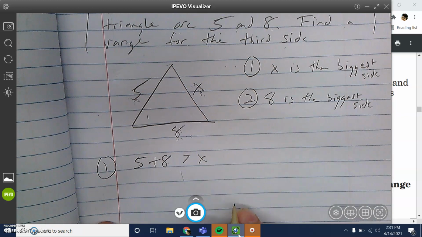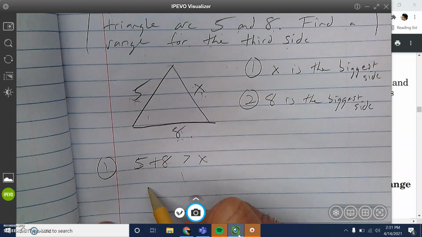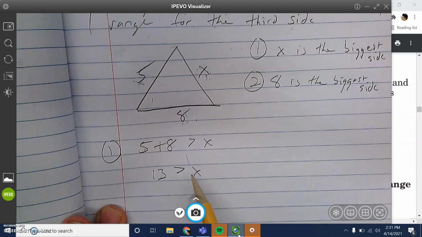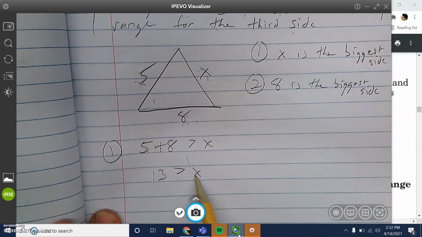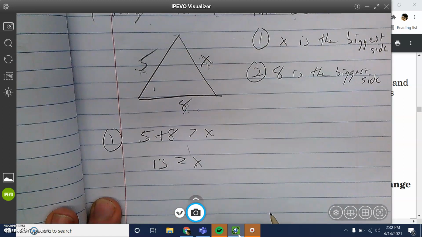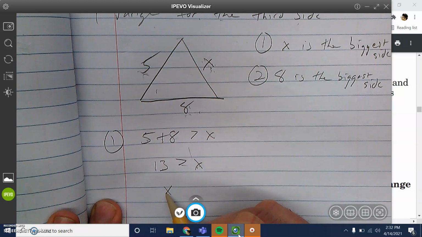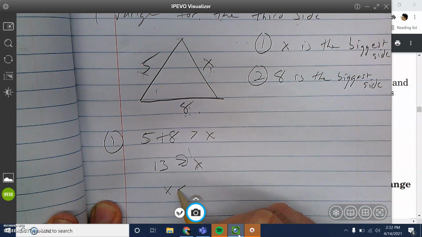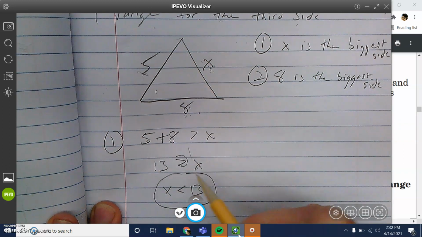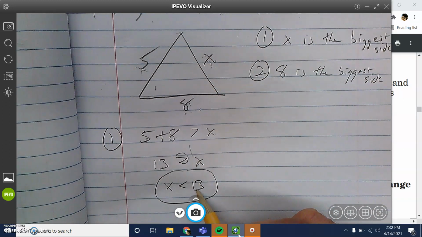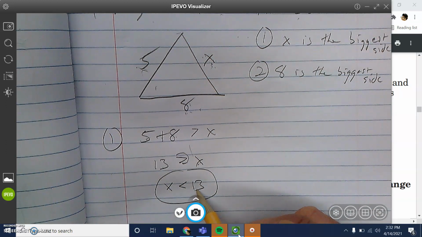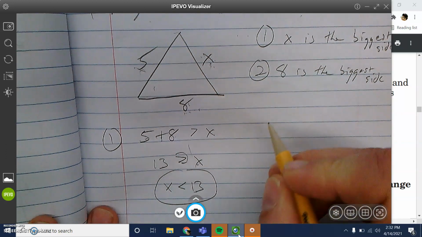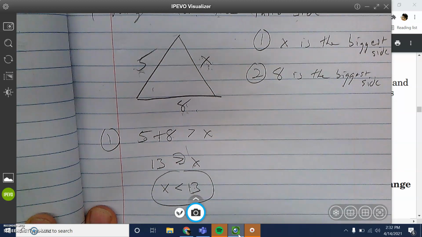That's the first situation, which would mean that x has to be, what is this? I'm used to x being on the other side, right? So x has to be, see how the Pac-Man is eating the 13? So let's keep Pac-Man eating the 13. Bam, like that. So x has to be less than 13. So x could be 12, x could be 11, x could be 11.2, whatever. So that is one stipulation.